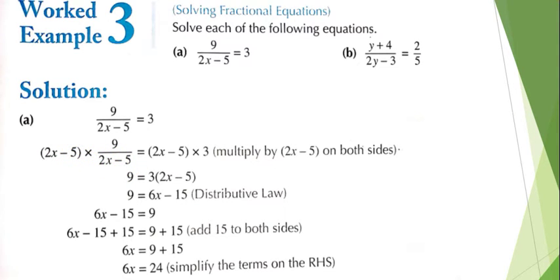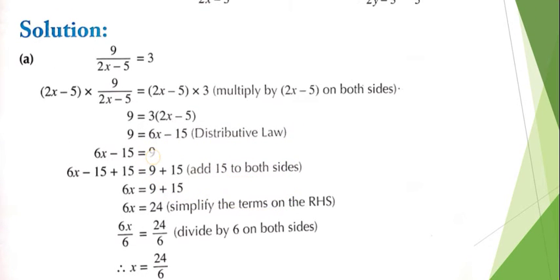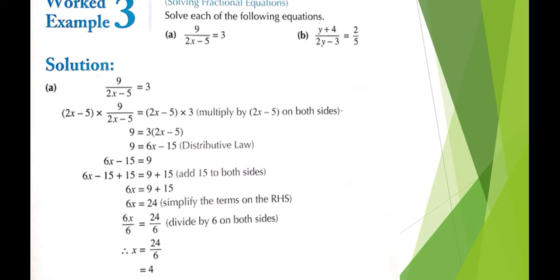But as a result, the 2x minus 5 comes out here. Again, the same thing as what I told you just now, like cross multiplication. So this one moves to here. You will get 9 equals 3 times 2x minus 5. And then distributive law, expand the bracket. There you go. Very easy to solve after that.